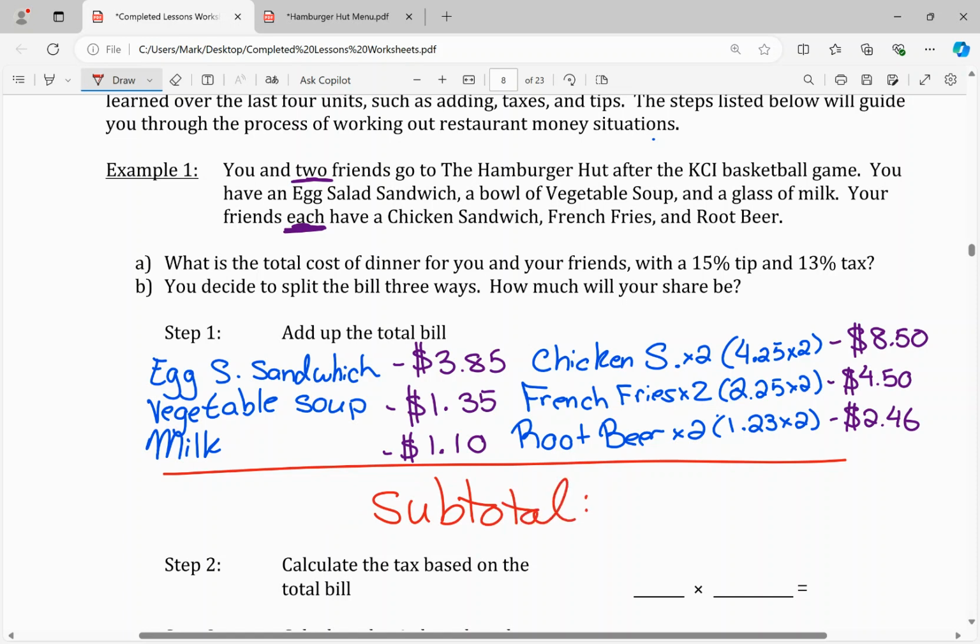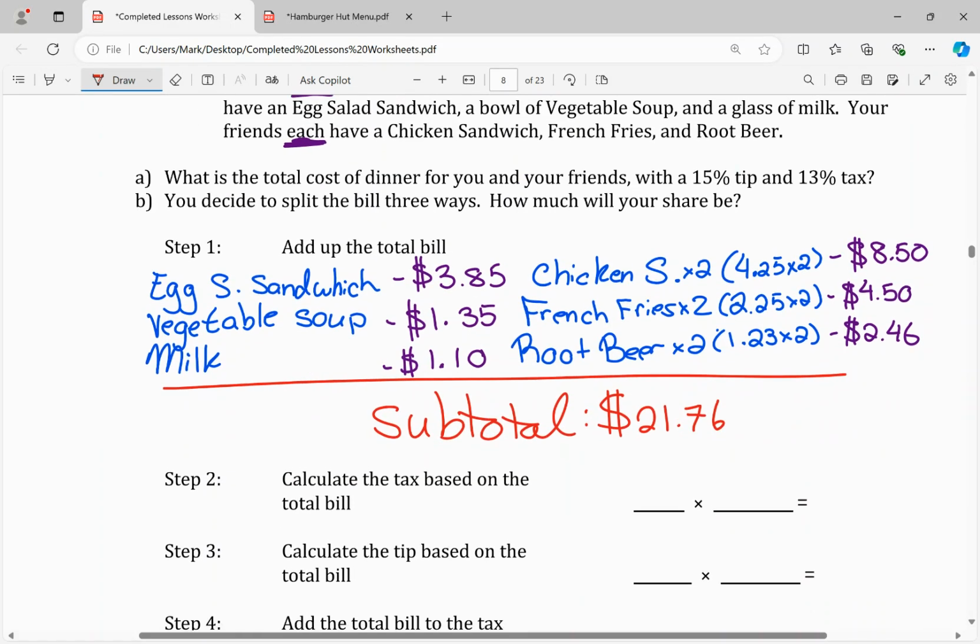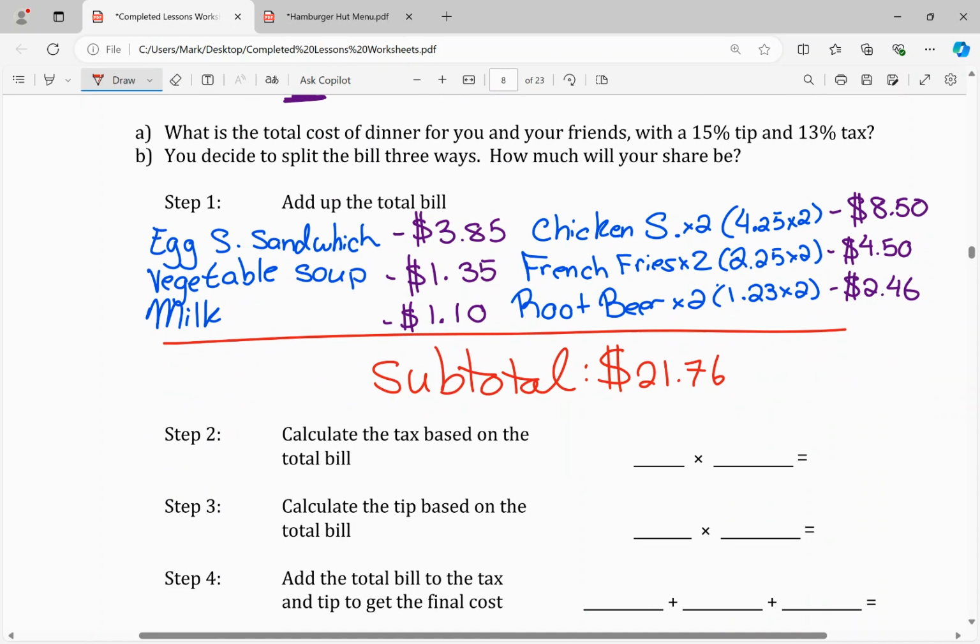Give me a second to use my calculator: 3.85 plus 1.35 plus 1.1 plus 8.5 plus 4.5 plus 2.46. Our subtotal is going to be $21.76.